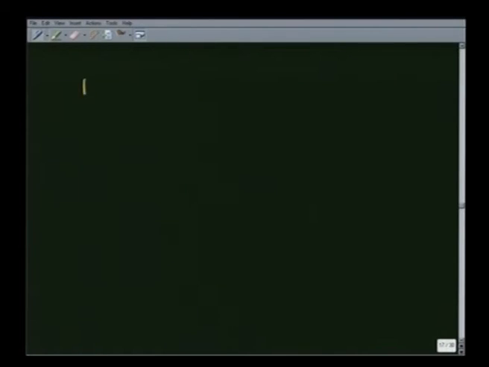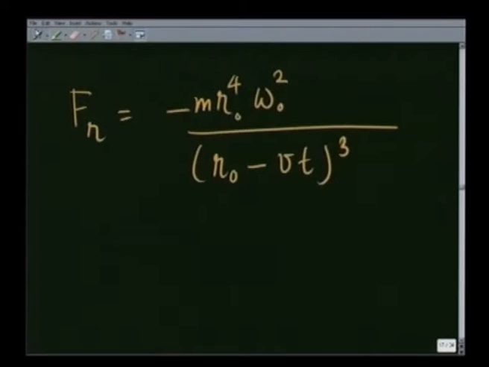And therefore, the force needed to pull it in is equal to minus m r 0 raised to 4 omega 0 square over r 0 minus v t whole cubed. So, as time increases, the denominator becomes smaller and smaller, and the force that you need to pull the wire in with constant speed keeps on going up.